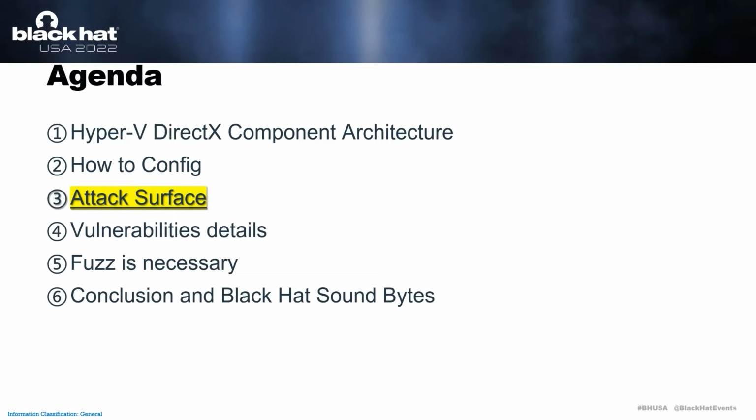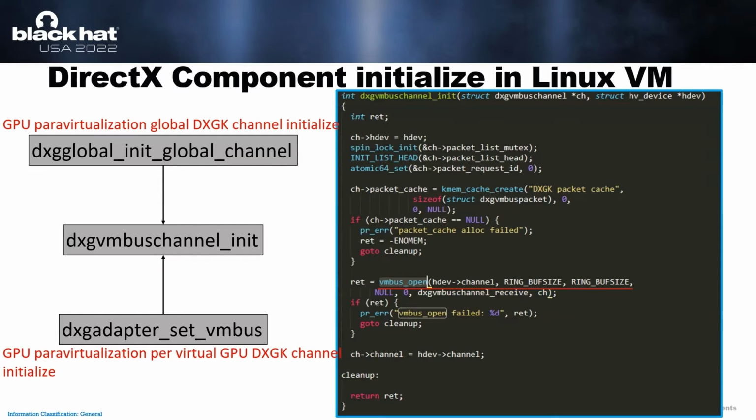Now, let's introduce the attack surface of the Hyper-V DirectX component. First of all, let's introduce how the DirectX component is initialized in the Linux virtual machine. The dxg_vmb_channel_init function invokes the vmbus_open function to initialize a DXG channel.